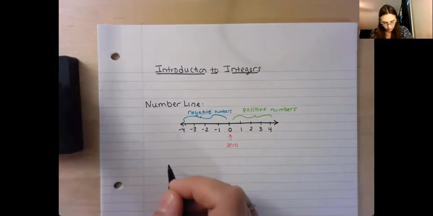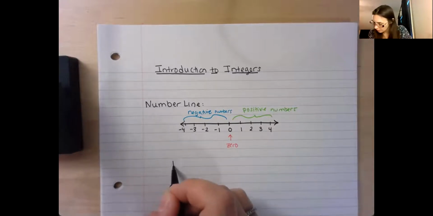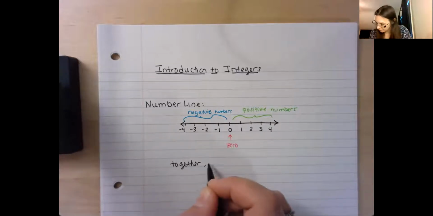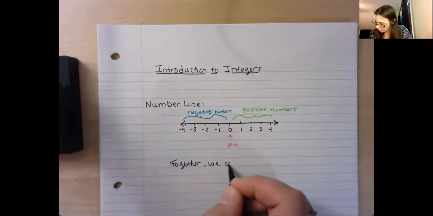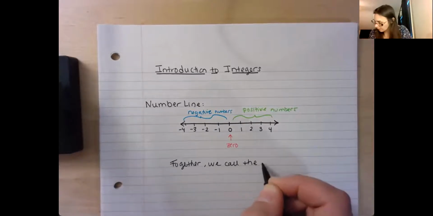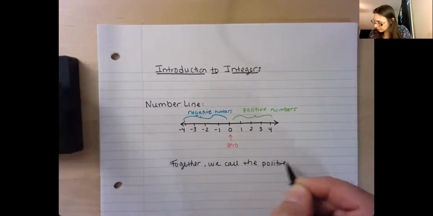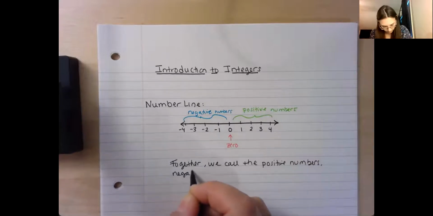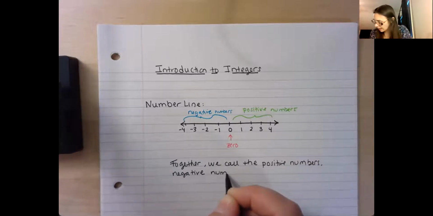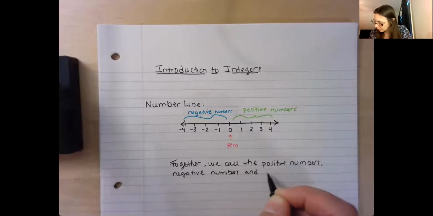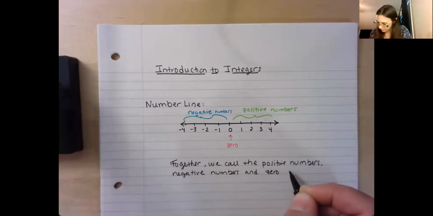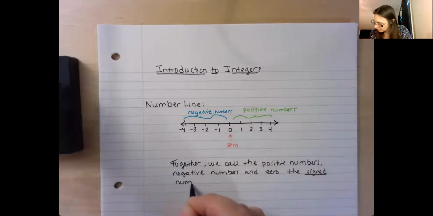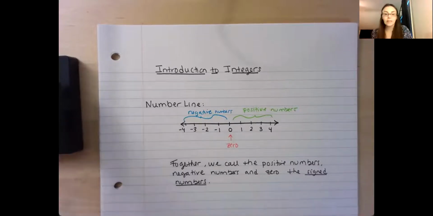Now, together, we call the positive numbers, negative numbers, and 0 the signed numbers.